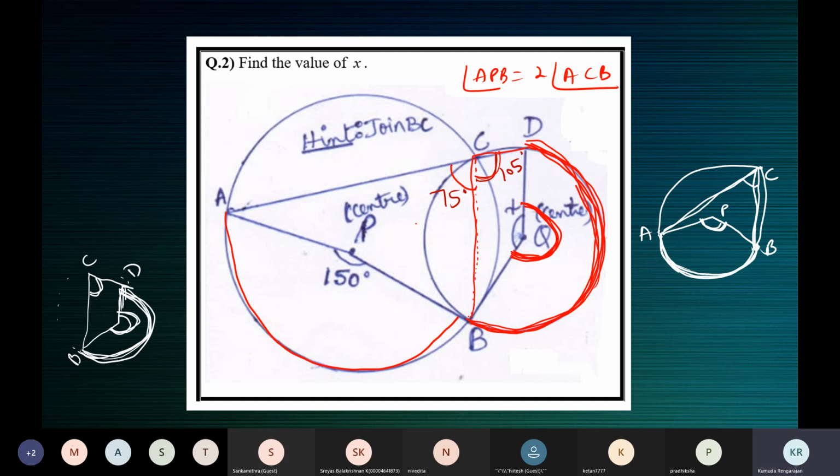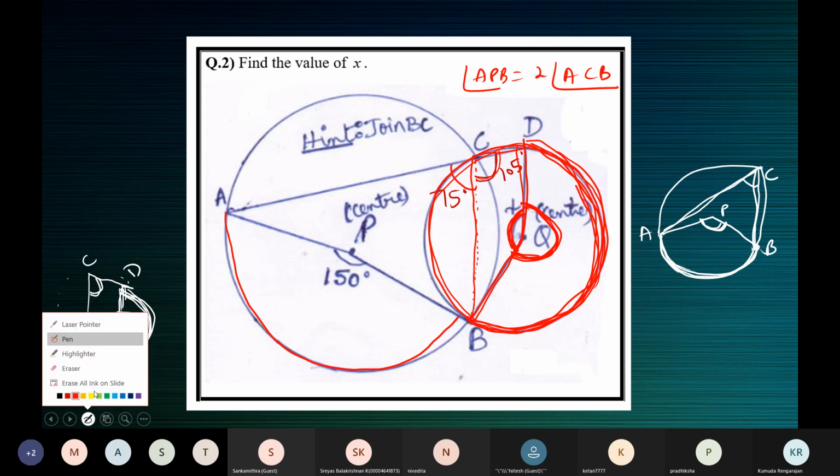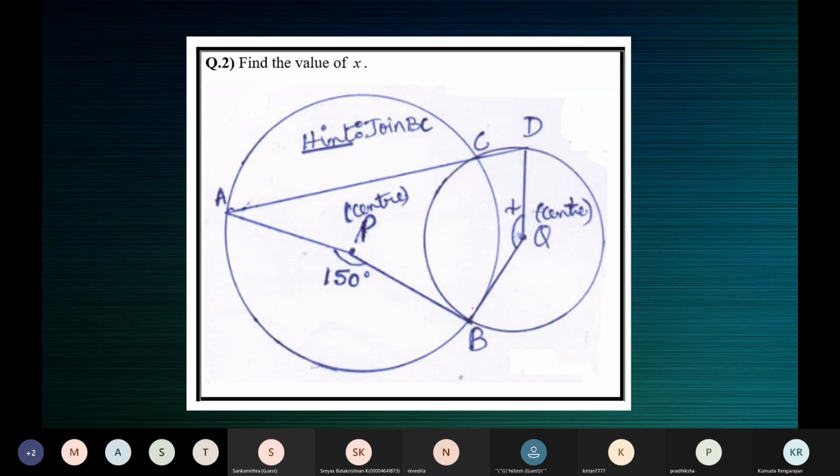If you say BQD, then you're talking about this angle. This angle cannot be subtended by this arc. This angle is subtended by this arc. This arc subtends this angle at the center.